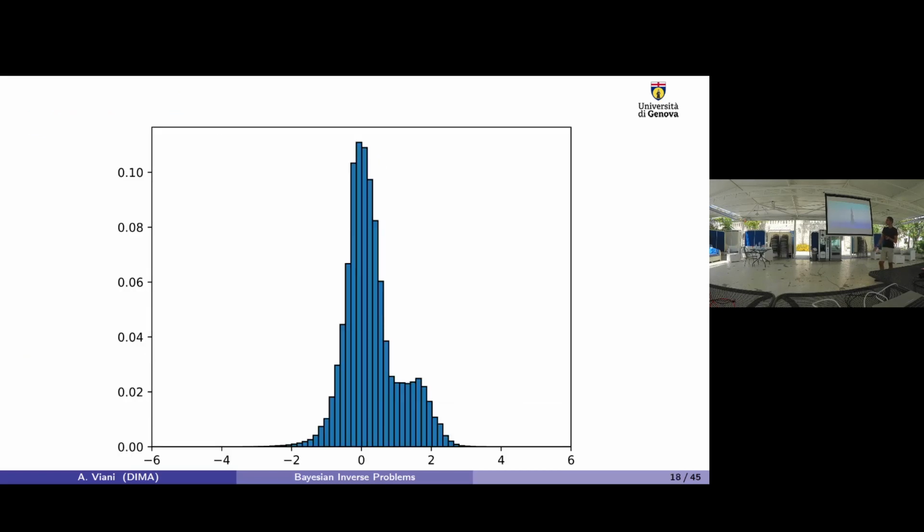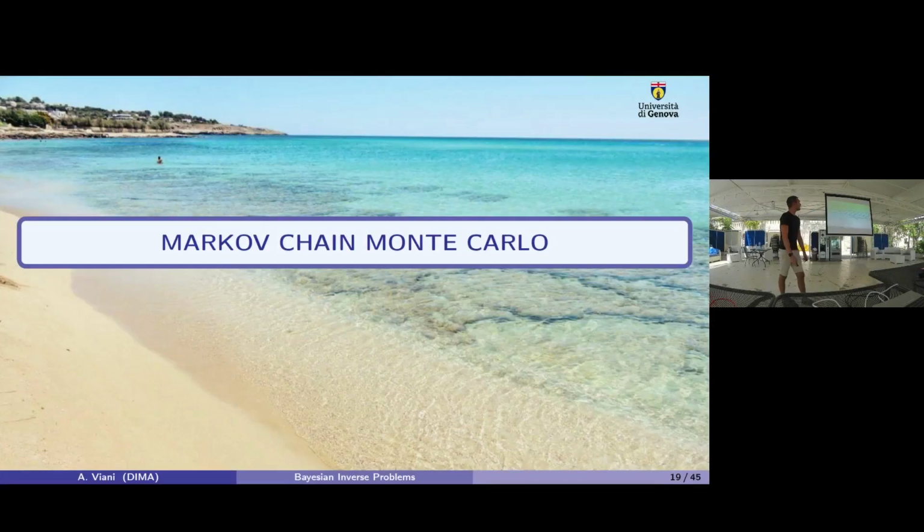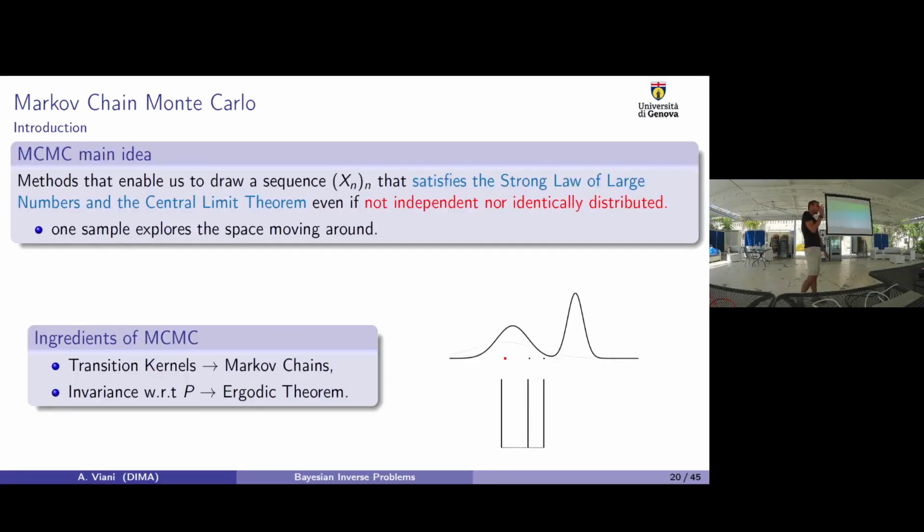Okay, and that one is the obtained posterior distribution, as we said. Okay, Markov chain Monte Carlo. What we want to do is learn from the past, because I said before that with importance sampling, I sample something, and I'm not sure that the next one will be in a high probability region.